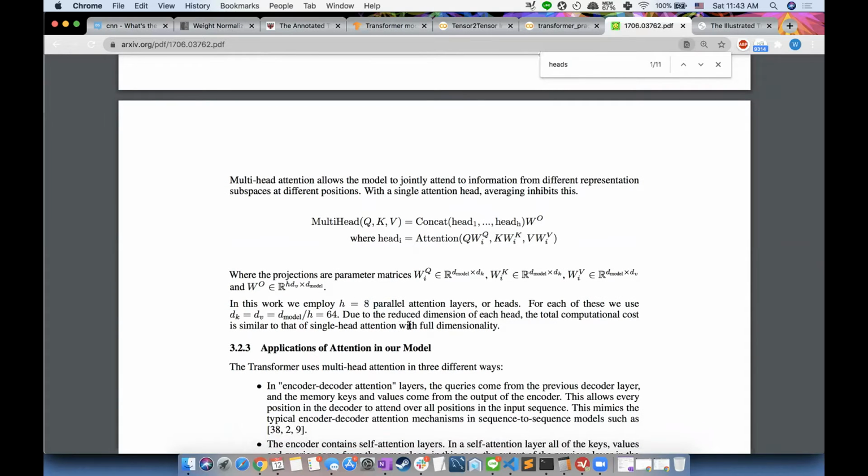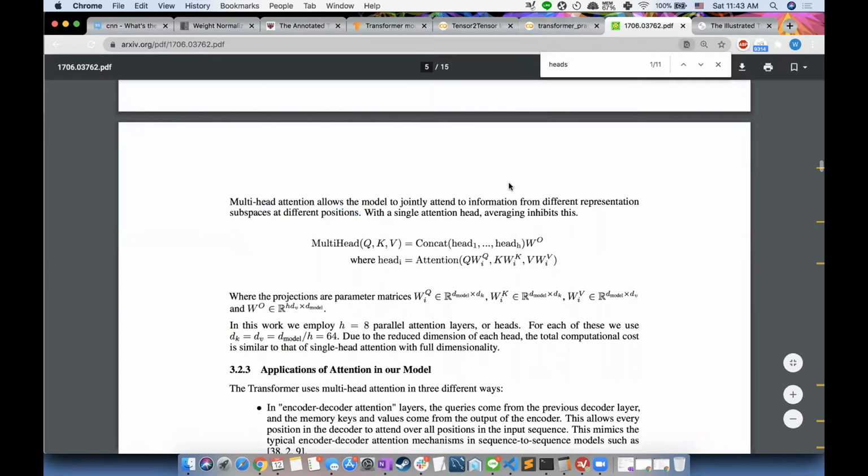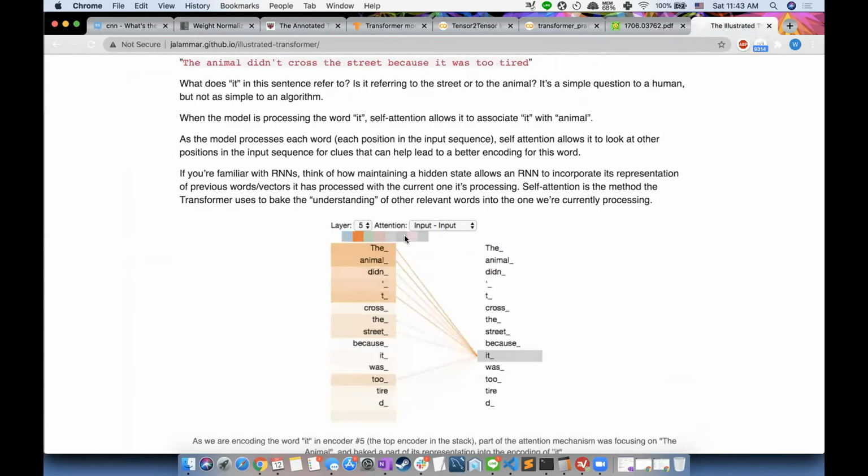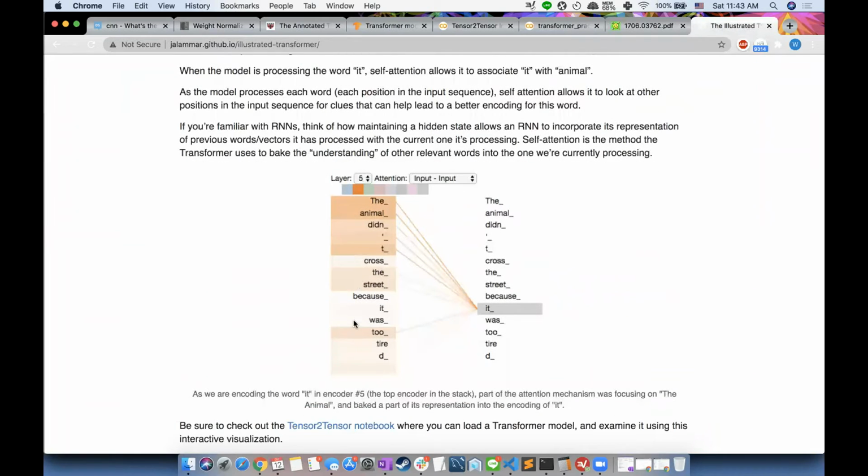It's to learn different representation subspaces at different positions. A single attention is not enough to learn all the relationships presented here. Ideally, you want to learn how it is related to different words, and that is done by different heads and different representations, different vectors or matrices.